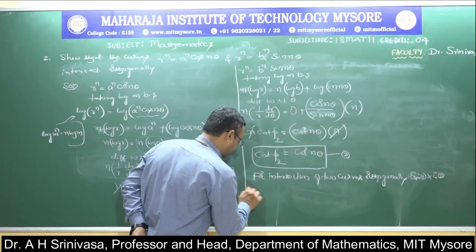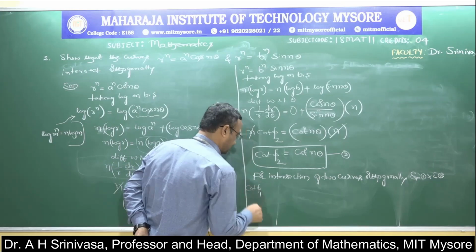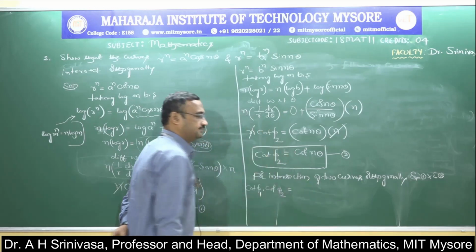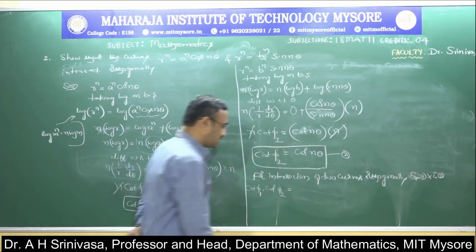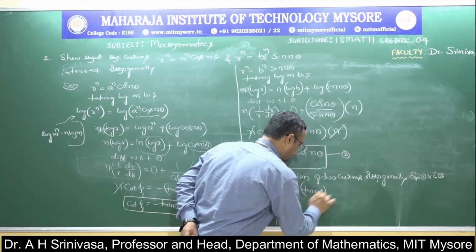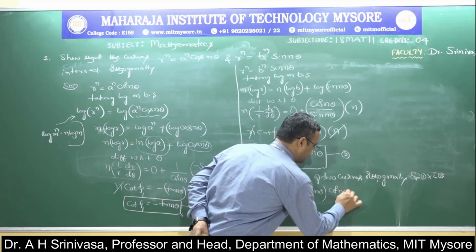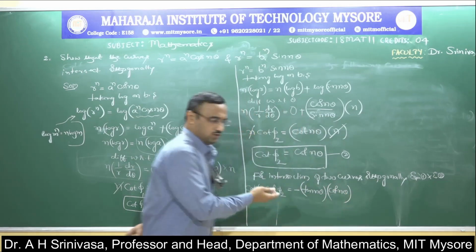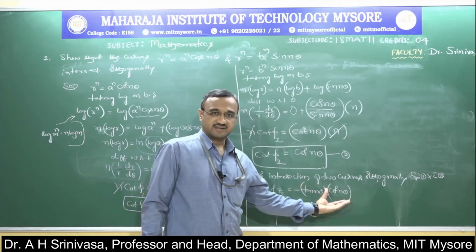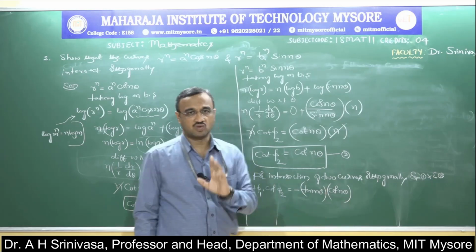What do I get here? Cot of phi 1 into cot of phi 2 should be equal to the product of these two, minus tan n theta into cot n theta. You know the trigonometric identity: cot theta into tan theta is 1.